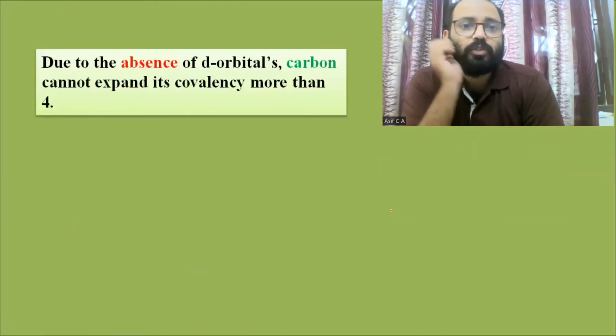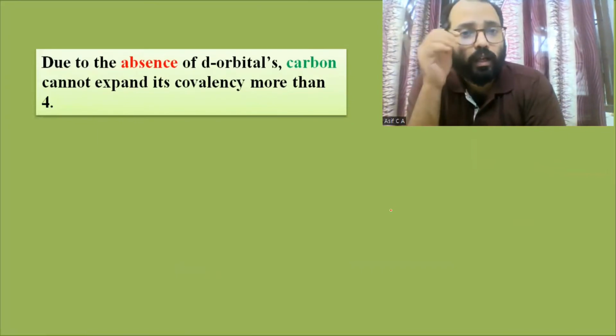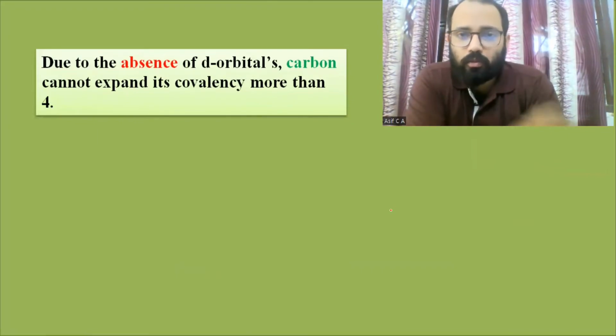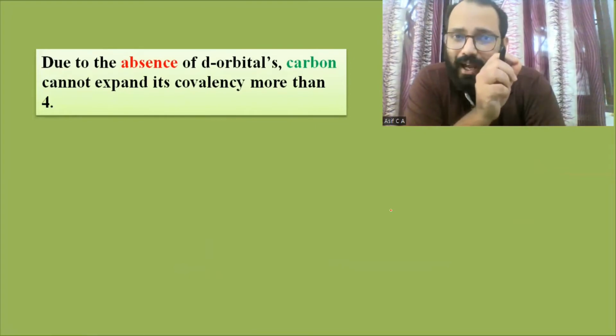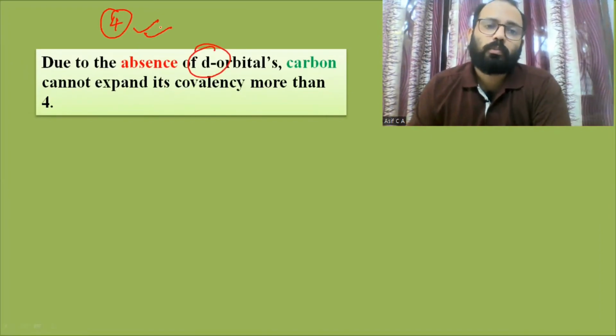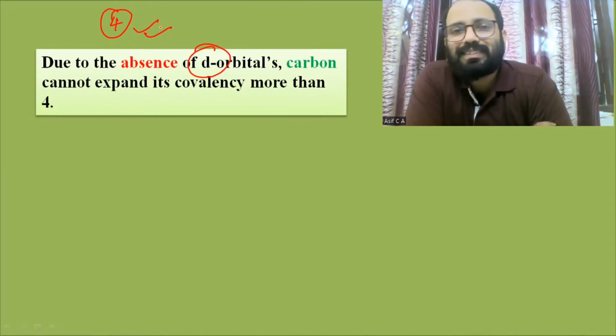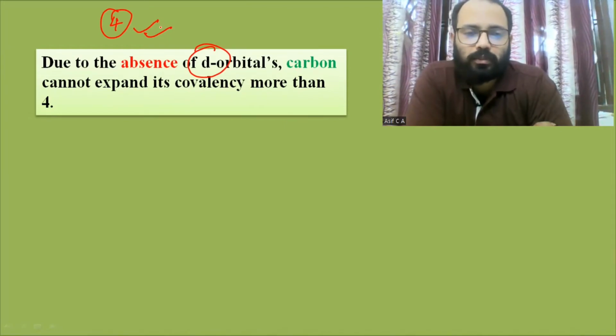Due to the absence of the d orbital, carbon cannot expand its valence beyond 4. Not only carbon, but boron too: the first elements, because of the unavailability of the orbital, can form a maximum covalence of 4. They can combine with only 4 atoms. CCl4 is possible, but CCl6 is not possible.